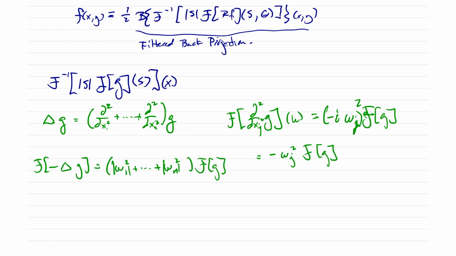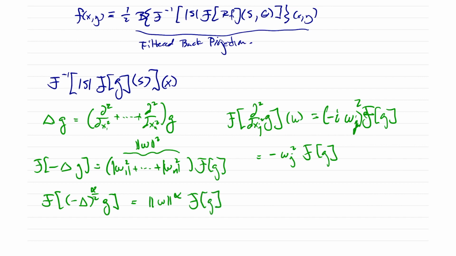Now, if we want to talk about the fractional Laplacian of g, then that's basically going to be this. So we typically write it as negative Laplacian to the alpha over 2 acting on g, and this is basically going to give us back exactly what we see here. So this can be seen as the norm of w squared, and so then this should give us the norm of w to the alpha times F acting on g.